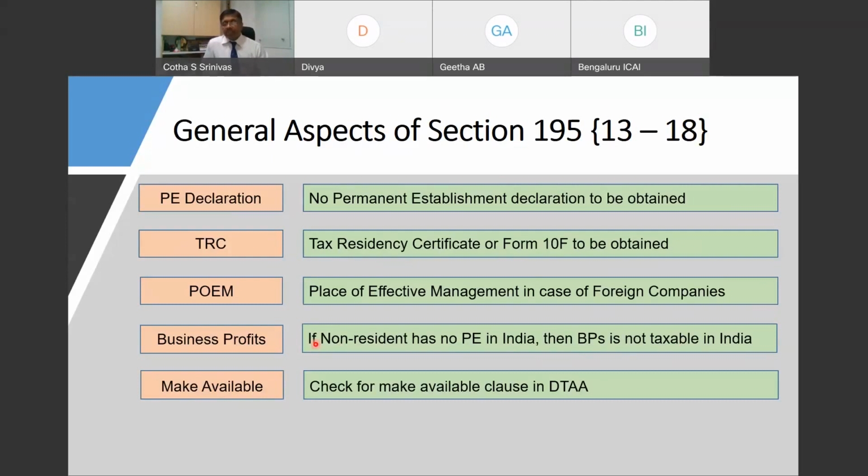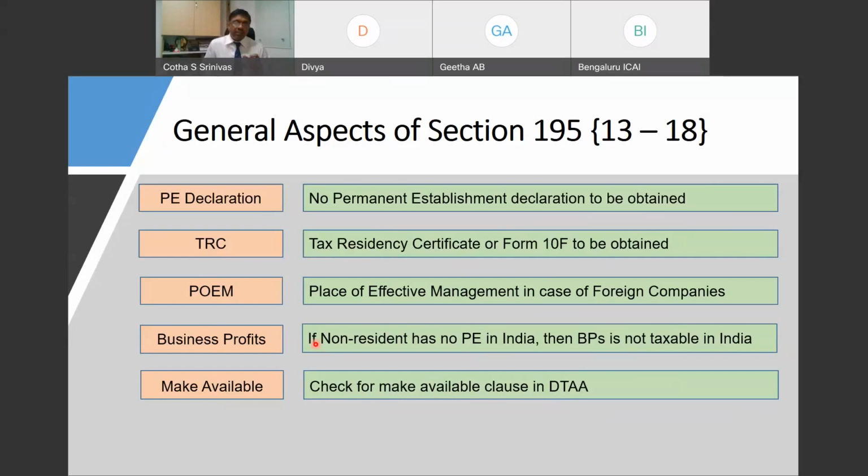If a non-resident is only giving the services, but is not making available the technology in those services to the recipient, then that is not considered royalty or fees for technical services. It will be considered business income, and if they don't have a PE in India, it will not be subject to taxation in India as such.